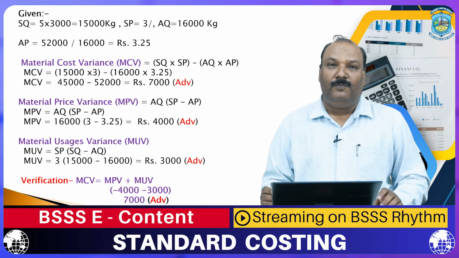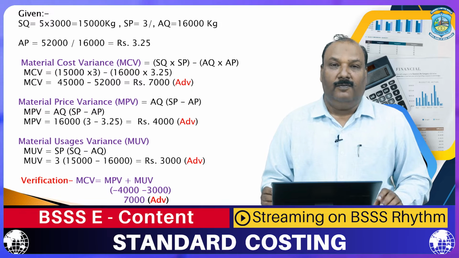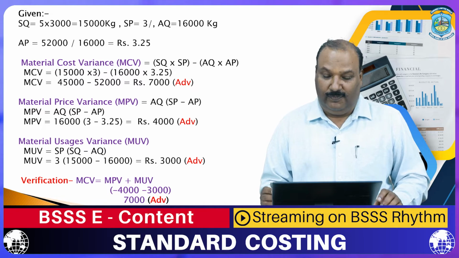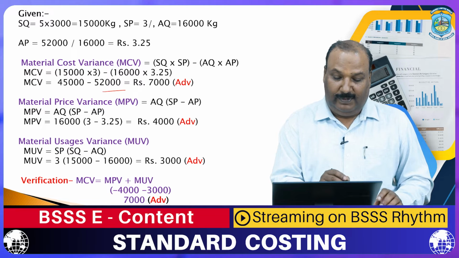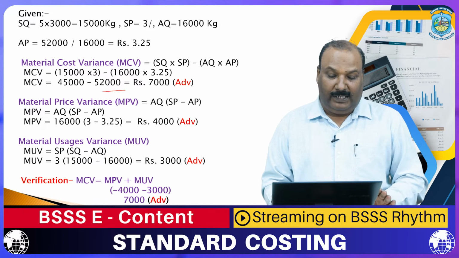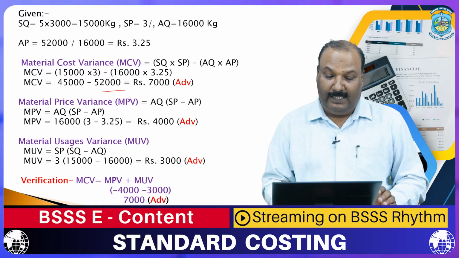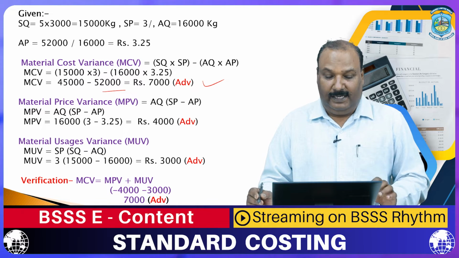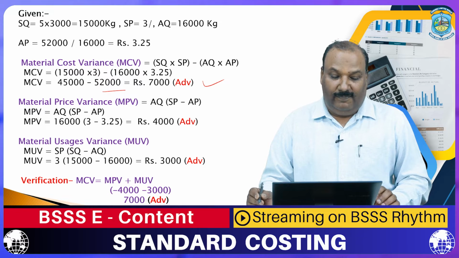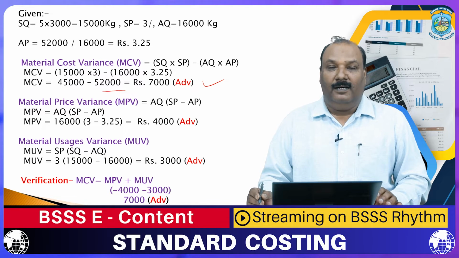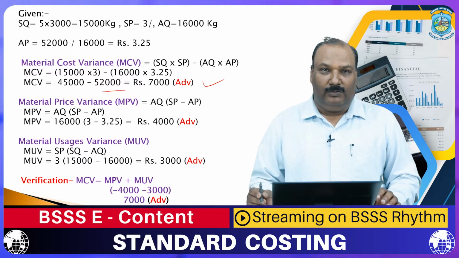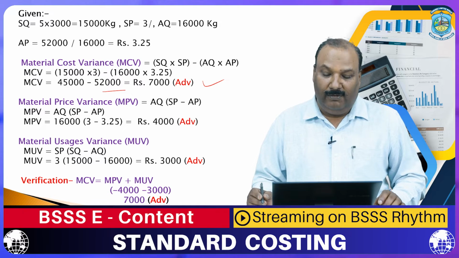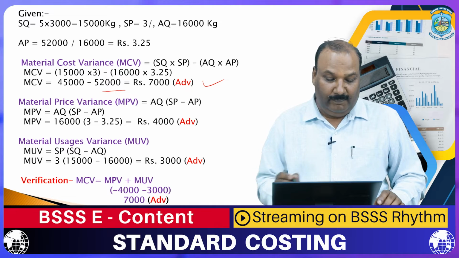The multiplication of 15,000 into 3 is 45,000 and multiplication of 16,000 into 3.25 is 52,000 rupees. So, the difference between 45,000 and 52,000 is 7,000 rupees, which is adverse, means negative value is there. 45,000 is less than 52,000. So, this is the 7,000 rupees negative value, which is known as adverse.